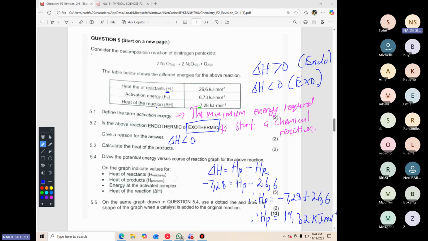Draw the potential energy versus course of reaction graph for the above reaction. On the graph, indicate the value of the heat of reactants, the heat of the product, energy at the activated complex, and then the heat of the reaction, right? So, note this.